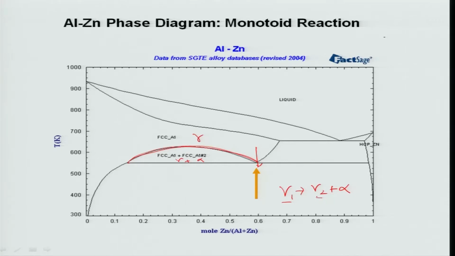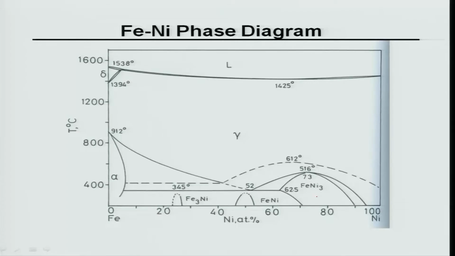The reason I am showing you this phase diagram is that you must be able to detect the particular reaction which is present in a diagram, otherwise what is the use of discussing these kinds of reactions. Another type of phase diagram which is very interesting is the iron nickel phase diagram. The iron nickel phase diagram in solid state shows compounds like FeNi, FeNi3, Fe3Ni.